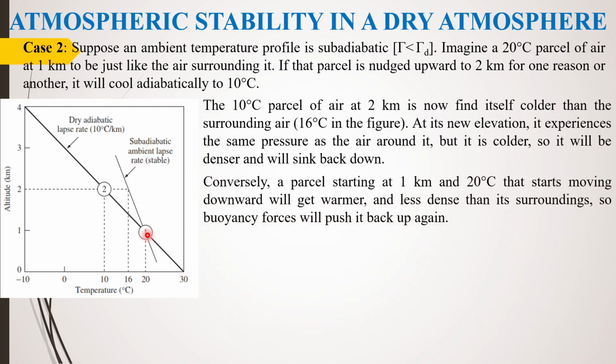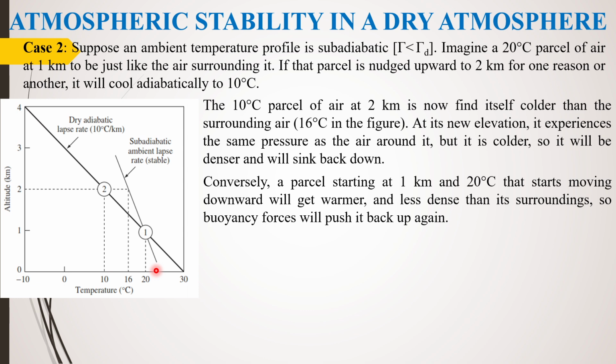Conversely, when a parcel starting from 1 kilometer and 20 degrees moves downward, its temperature is 25 degrees, but the surrounding temperature is less, maybe 22 or 23 degrees centigrade.